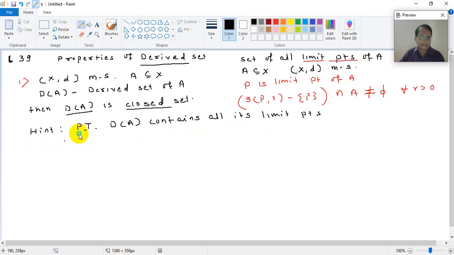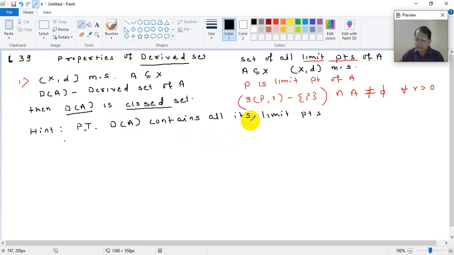Let P belong to the derived set, and we will assume that P is a limit point of D(A). See, what I want to prove is that D(A) contains all its limit points. So the only way is to start with a limit point of D(A) and prove that it is a point of D(A).